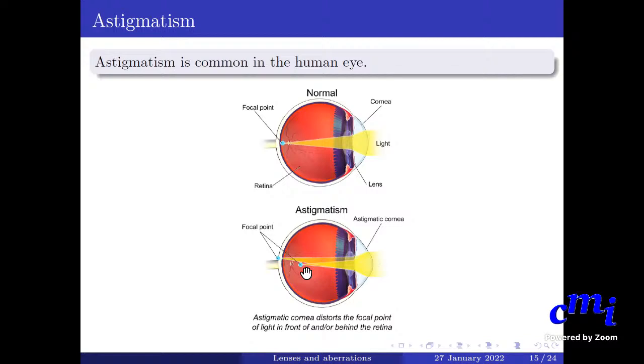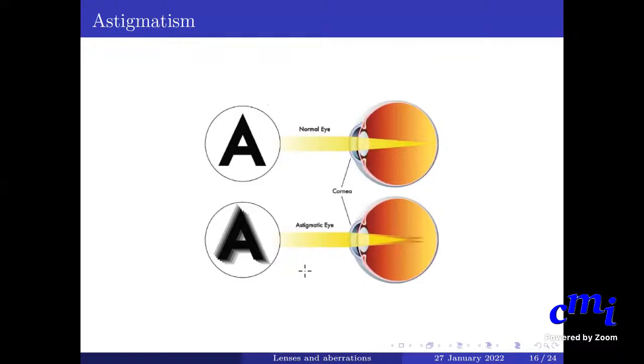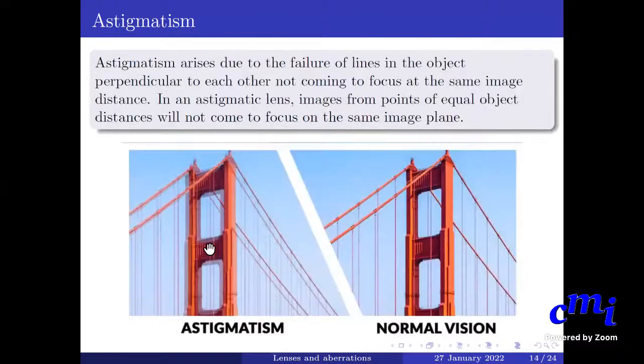These light rays should be focusing here, but they focus somewhere before. They could also be focusing after. That can also happen. So that is astigmatism, and this is the kind of image that you see because of astigmatism.